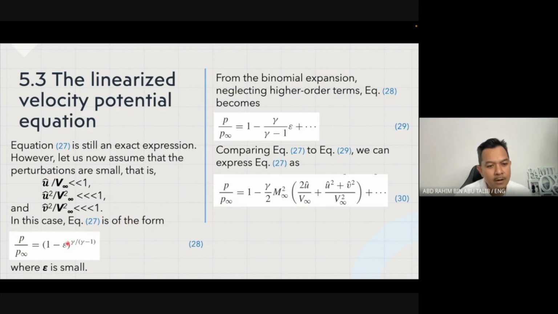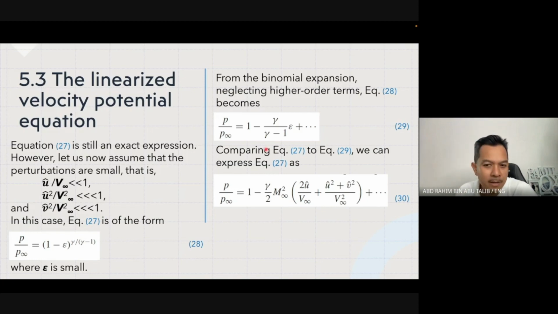So we have this eta, which is small. So we can say that this is another expression for this pressure ratio. Because of this condition, which is very small, the higher order terms are insignificant. From the binomial expansion, we can neglect higher order terms. Equation 28 becomes this expression as equation 29.